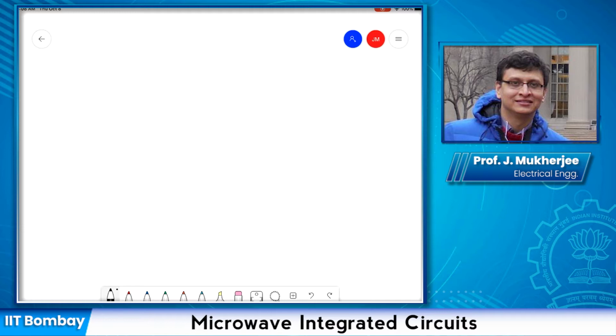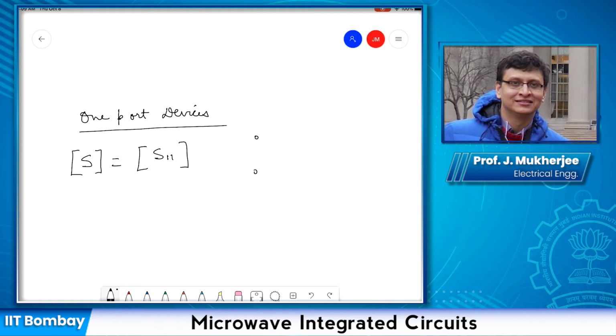So when I say a one-port device, first of all, the S parameter matrix of a one-port device will have only one element, which is S11. So a one-port device is just like that.